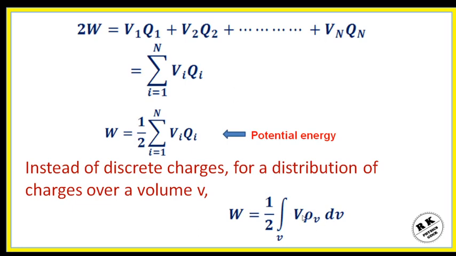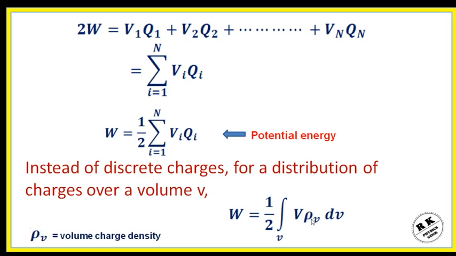Don't confuse them; sometimes students write this in a confusing manner. Once again, capital V stands for potential, small v stands for the volume, and rho V is the volume charge density.